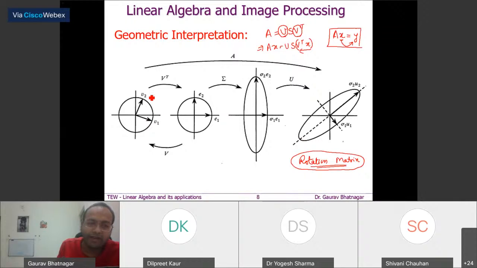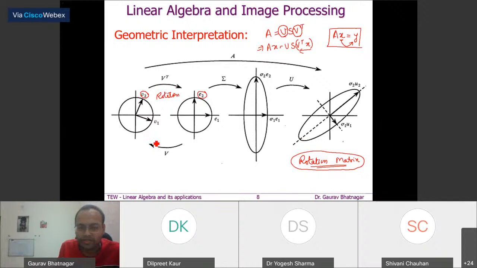If I take any vector v2 and apply it in place of x, then the output of V transpose v2 is nothing but a rotated version of it. After the rotation, I am going to get this e2. So this multiplication of V transpose with any vector is going to be a rotation.